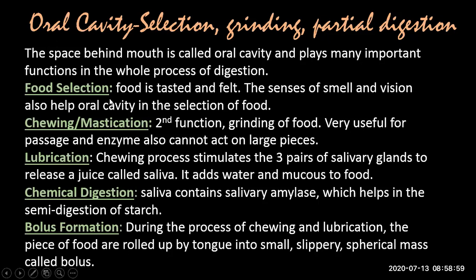How we select food, the initial criteria of selecting a food is by the taste and how it feels. If it tastes bad, if it tastes rotten, we immediately spit the morsel out. We immediately reject it.